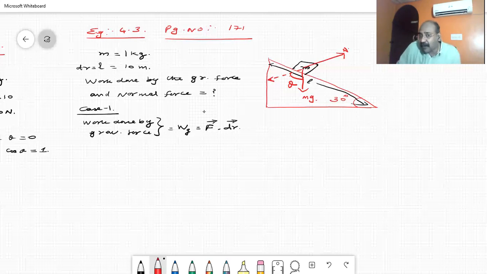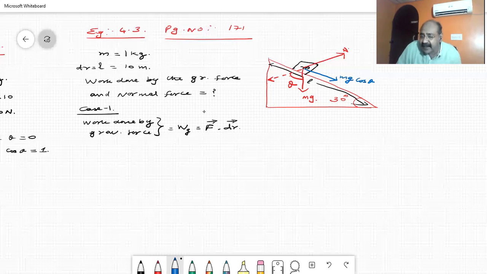The opposite component is acting along the inclined plane, which is responsible for taking the body from the top of the inclined plane to the bottom. So the component of mg acting along the inclined plane is the opposite component. So opposite component is mg cos theta.